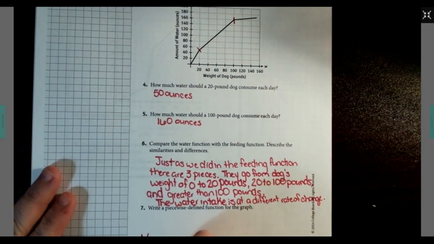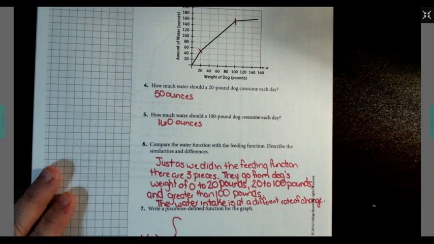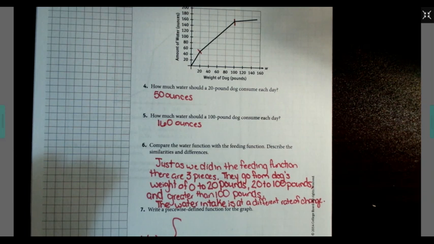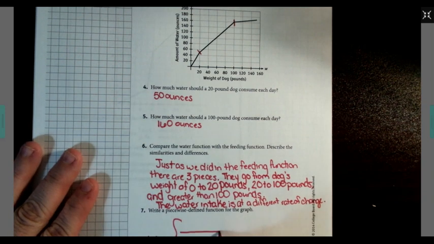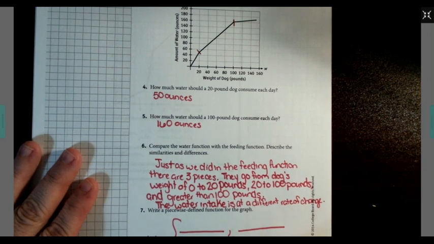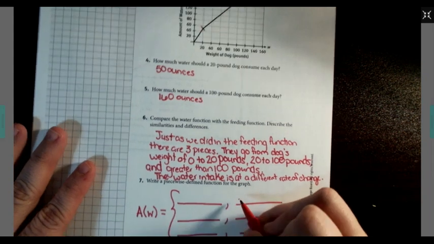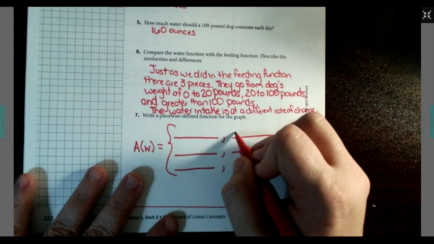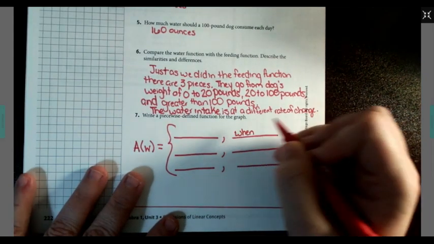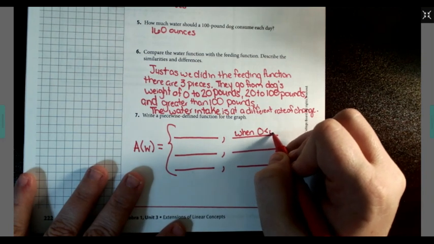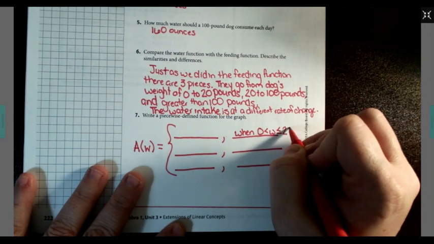We're going to call this amount of water based on our weight. Remember, we're going to have 3 pieces. We know that this is going to be, oops, sorry, you can't see, when the dog is between 0 and 20.